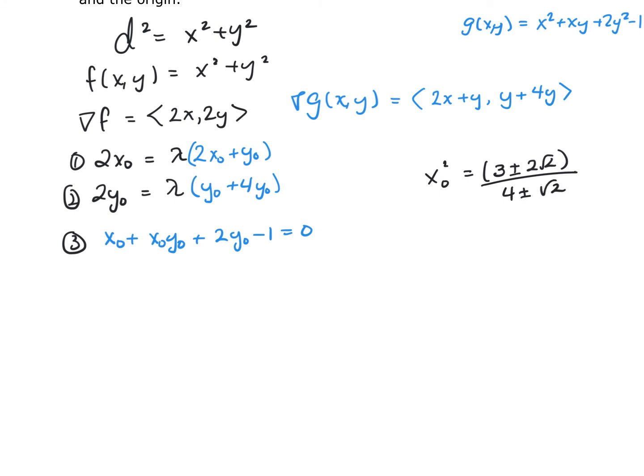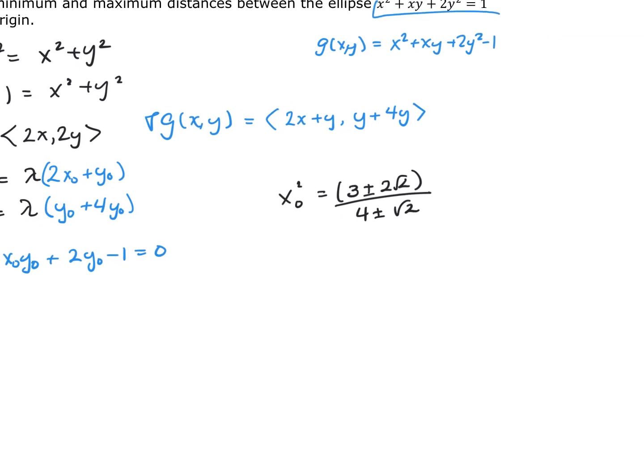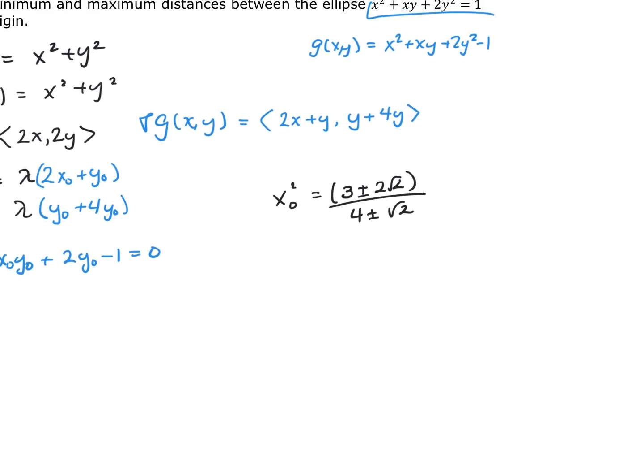So a whole bunch of choices, and of course any of these that produce a negative number, you would go ahead and toss. Then I got y naught squared to be equal to negative 1 plus the square root of 2, squared, multiplied by my x naught squared. And I have plus and minus on that too.